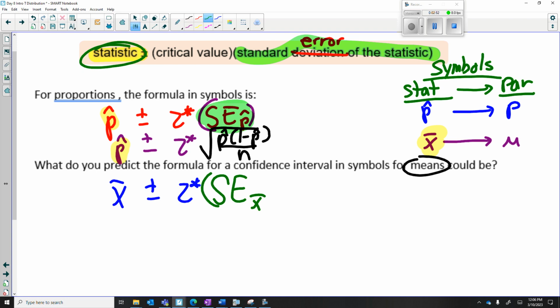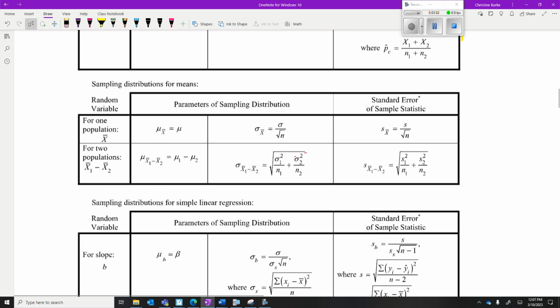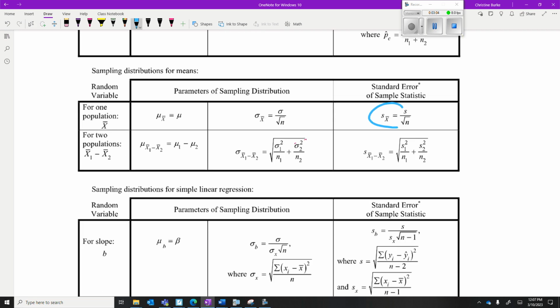Now we need to write the formula for the standard error of x bar. On the reference table, if we scroll back to means, you know from the unit we just came off of that it used to be sigma divided by the square root of n.